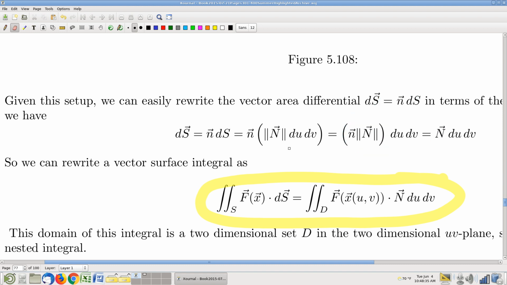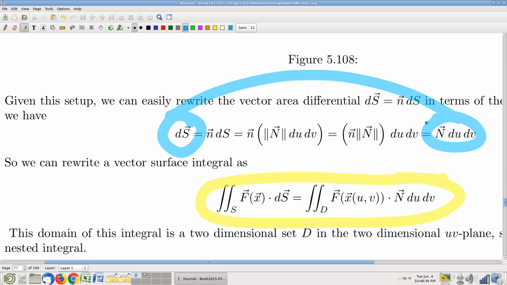So we have our nice formula then for computing ds in terms of a parameterization. Everything over here on the right is in terms of the parameterization. Capital N is a cross product of partial derivatives of the parameterization. U and V are the pullback variables for the parameterization. So this is your pullback calculation right here. Everybody on board?